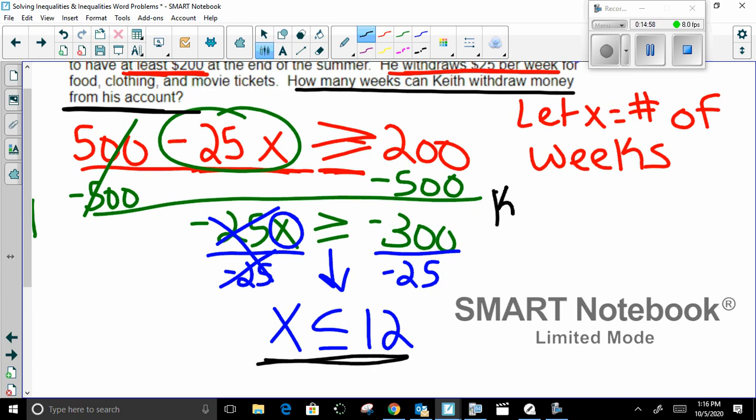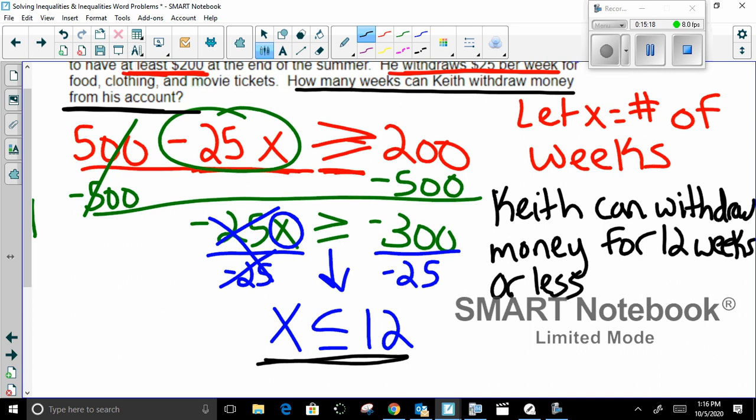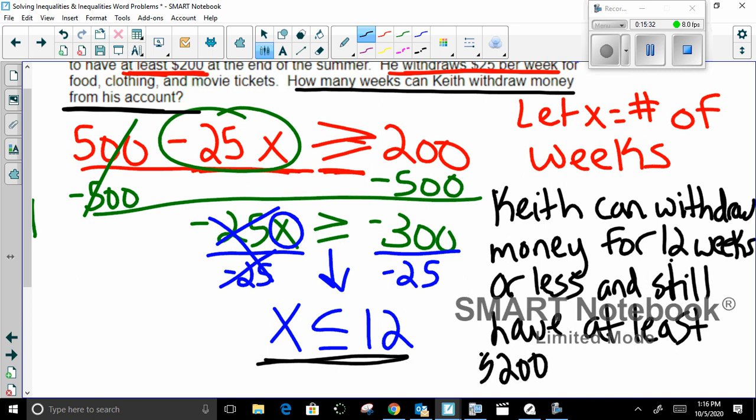So Keith can withdraw money for 12 weeks or less and still have at least $200 in his account.